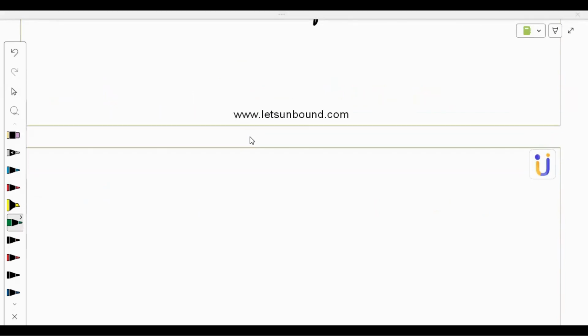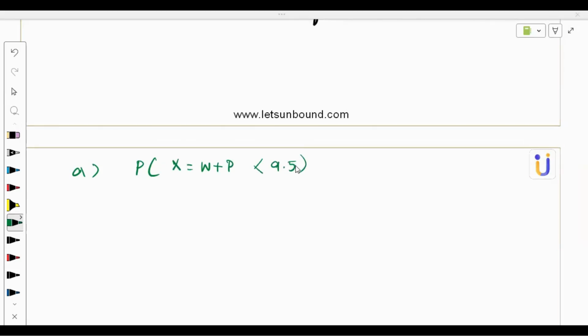Wood is normally distributed as given. So for part A I need the probability that X, which is wood plus plastic, is less than 9.5. For wood and plastic, I know the distribution, their mean and standard deviation. But how to find it for this total thickness?